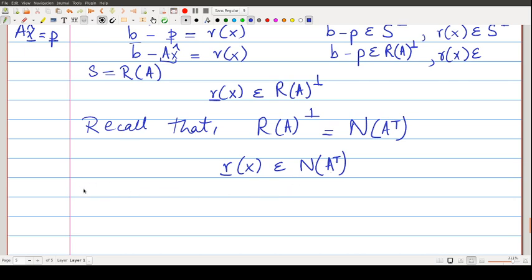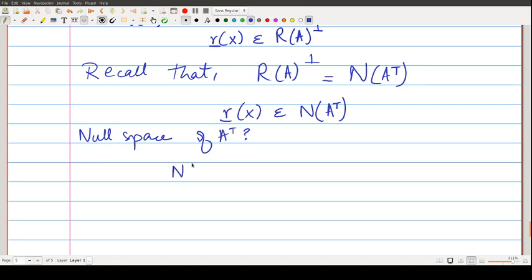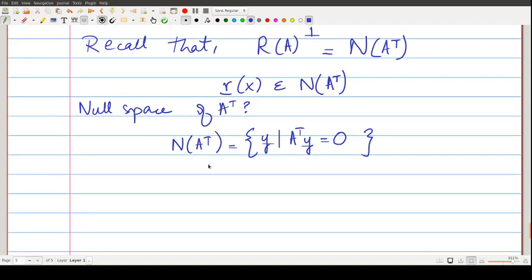The null space of A transpose is just all of those vectors y such that A transpose y gives me the 0 vector. So if the residual vector is in the null space of A transpose, then A transpose times the residual vector should give me the 0 vector.